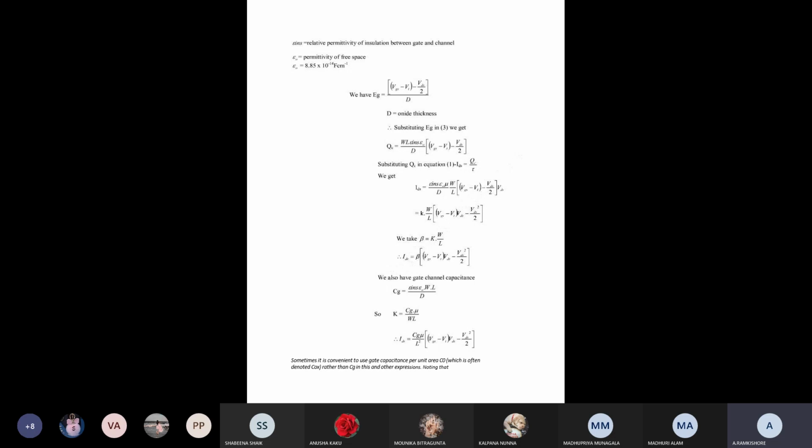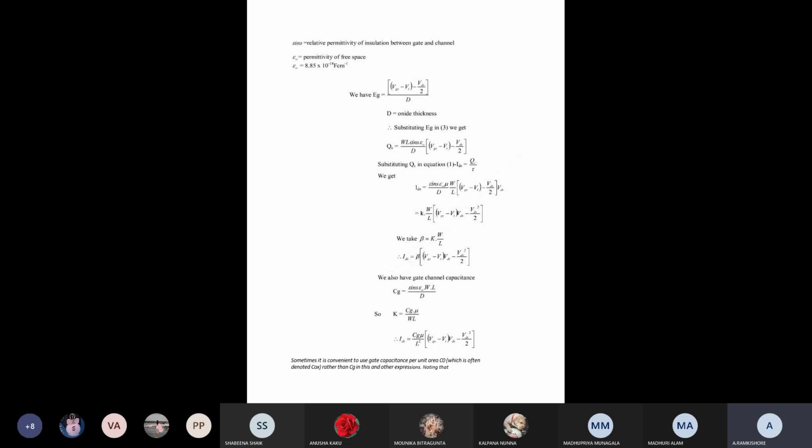Then the IDS equation will be K into W by L, (VGS minus VT) into VDS minus VDS whole square by 2. So VDS will be multiplied with both parts, the VGS minus VT and the VDS. So that is IDS in non-saturation.